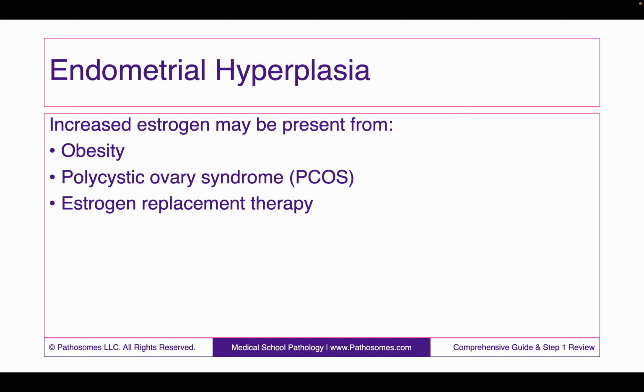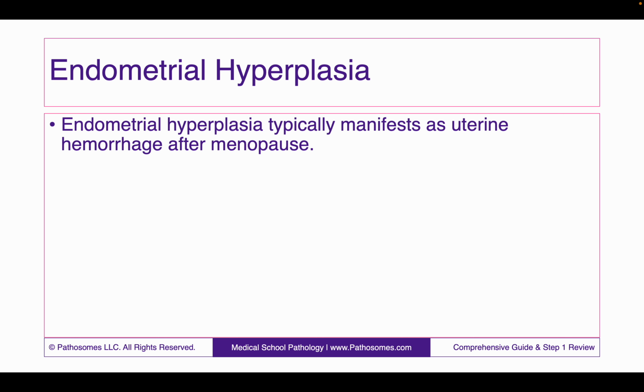Increased estrogen may be present from obesity, PCOS, right? Polycystic ovarian syndrome, and even estrogen replacement therapy. Endometrial hyperplasia typically manifests as uterine hemorrhage after menopause.